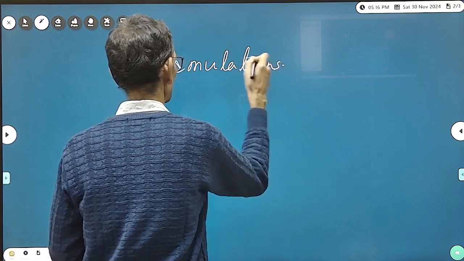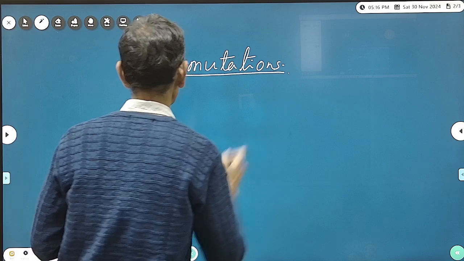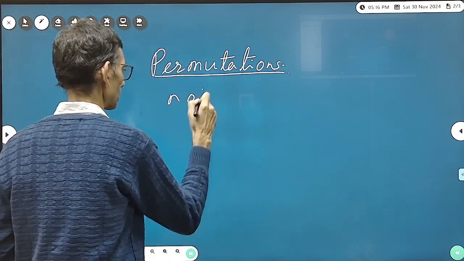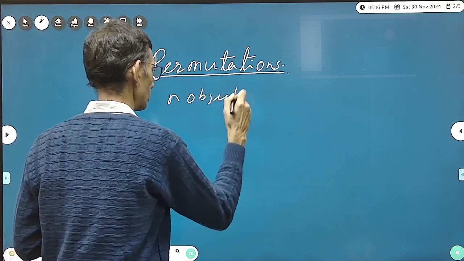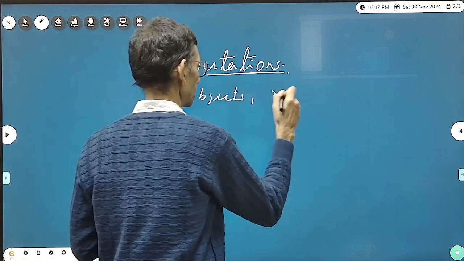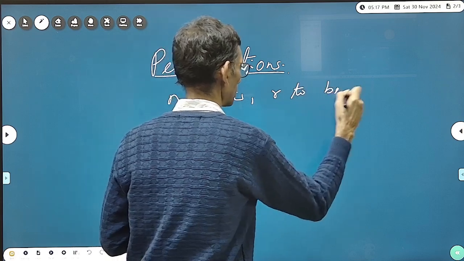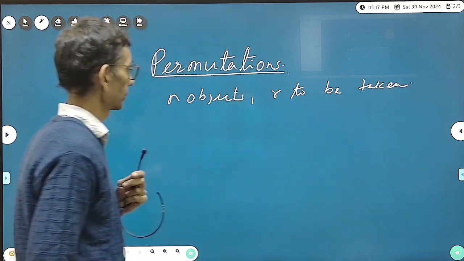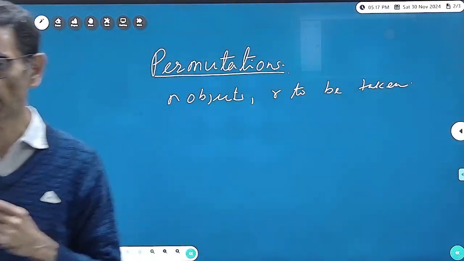Permutations. Okay? From n objects you have to take r at a time.